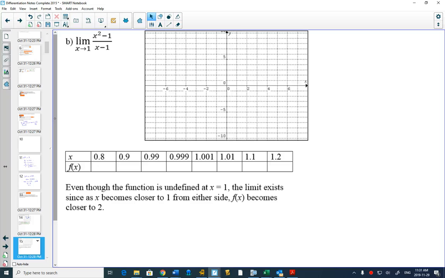But we graphed these last year. Do you remember graphing x squared minus 1 over x minus 1 in grade 12 pre-calculus? What did you do first? Yes, I remember graphing them, but I don't remember what I did first.